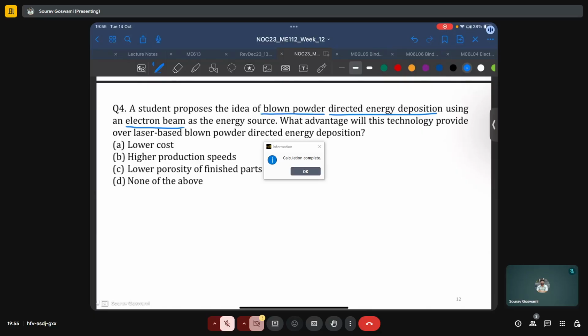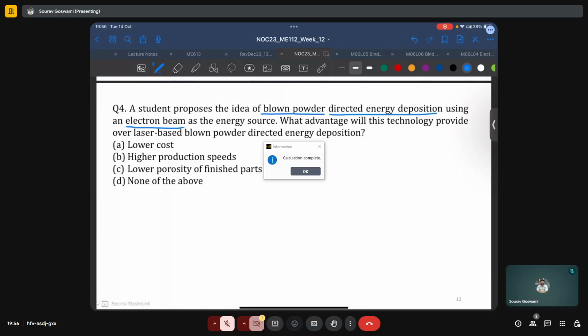However, if in their path from the electron generator to the target they encounter any other heavy molecules, such as even air molecules, there is a very high chance that they will get scattered and a very small or insufficient flux of electrons will only reach the target, which will lead to no melting or insufficient melting. The only way to ensure this and to clear the path of the electrons is to maintain vacuum in the chamber.